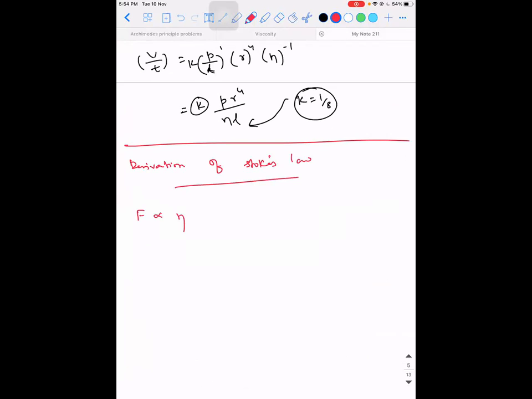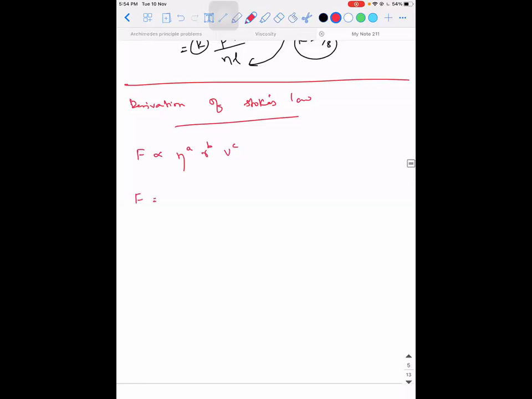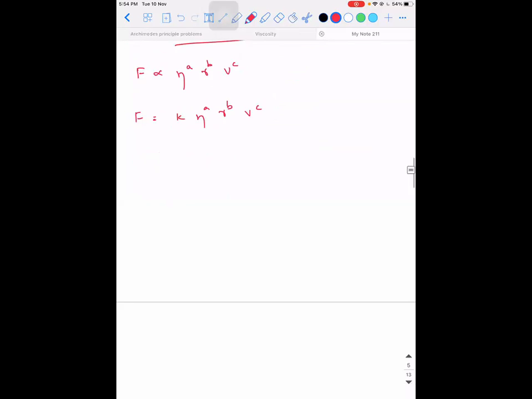F is directly proportional to eta^a, r^b, and v^c. So F equals K times eta^a r^b v^c, where K is a dimensionless constant. So the dimensional formula of F equals K times the dimensional formula of eta to the power a, of r to the power b, and of v to the power c.